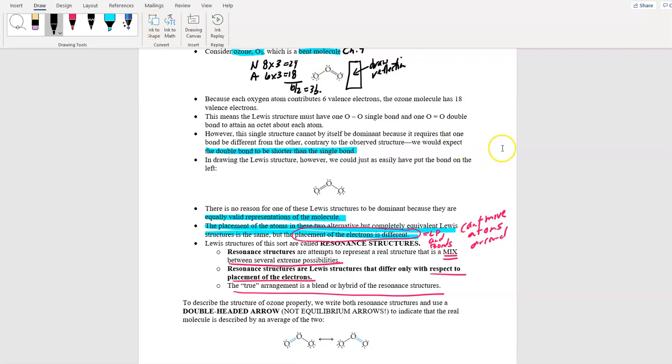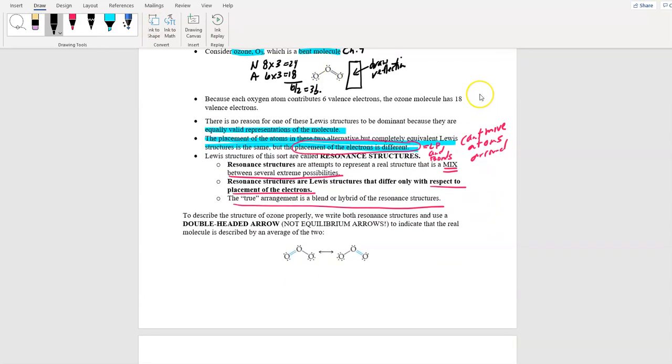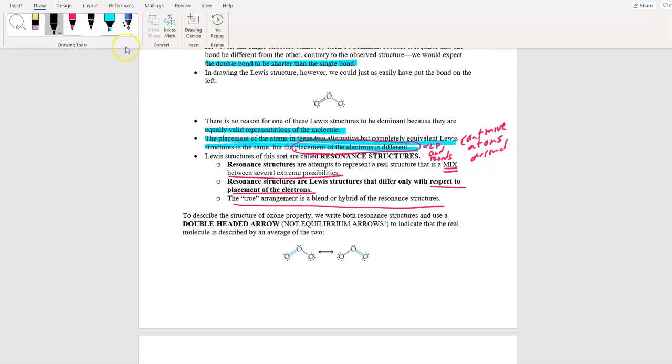So what we do is we draw a double-headed arrow. Please, please, please do not confuse it with equilibrium. Equilibrium looks like a double arrow like this. That's equilibrium. This is the arrow for resonance.